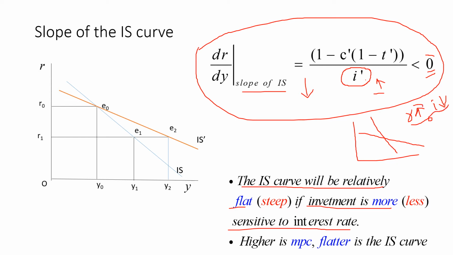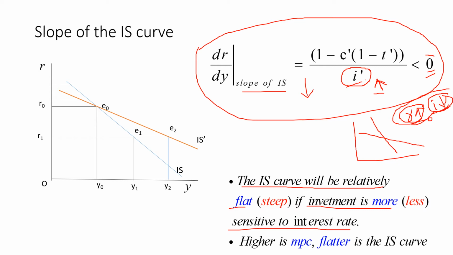If R increases and I falls by a small amount, the curve is not that responsive, and I prime is very small. If R increases and I falls by a huge amount, the investment curve is very responsive, and the absolute value of I prime is very high.